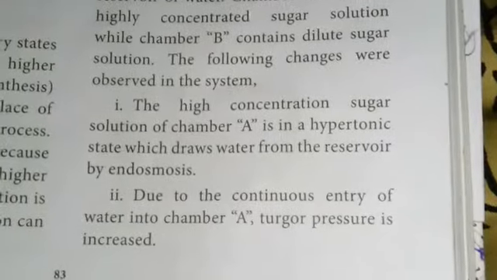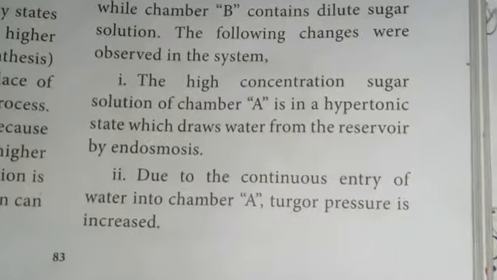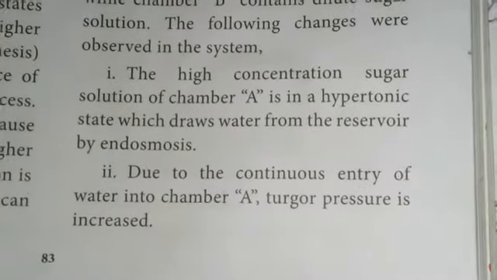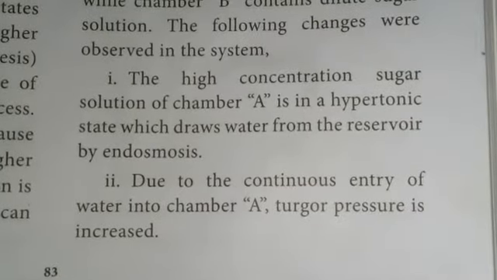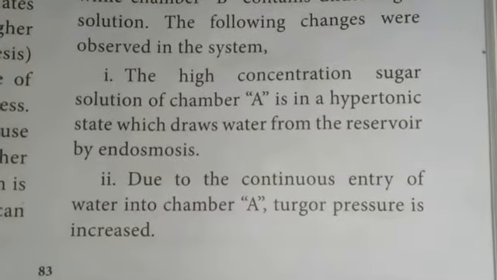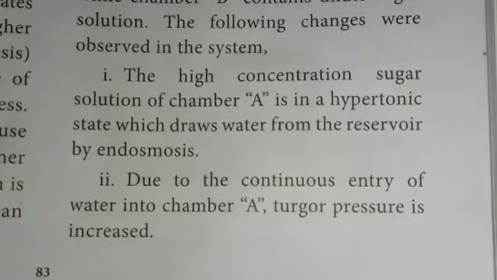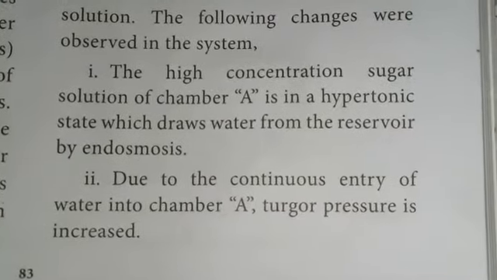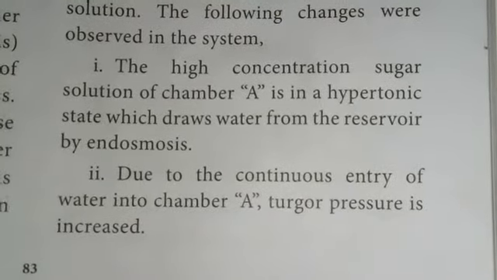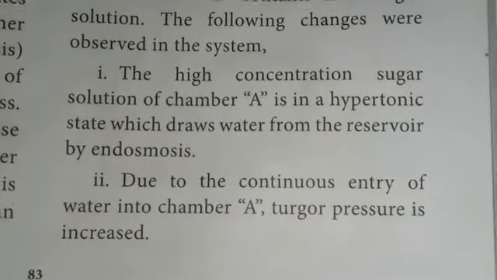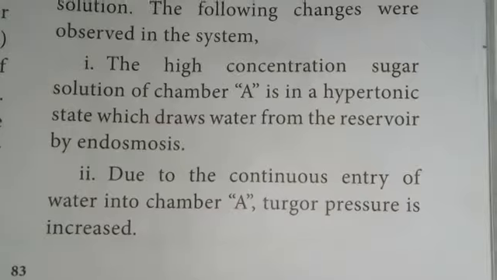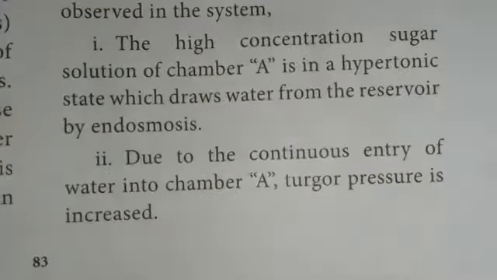The high concentration sugar solution of chamber A is hypertonic, that is, it contains more solute than the solution outside, which draws water from the reservoir by endosmosis. So due to osmosis, water moves from the reservoir into chamber A through the semi-permeable membrane.